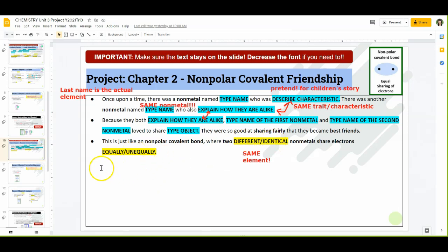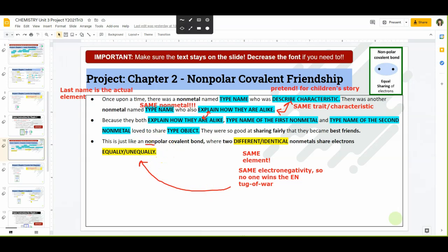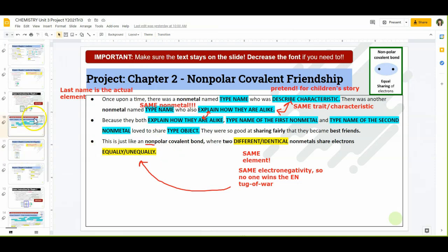And whether they share electrons equally or unequally, if they're the same element, they also have the same electronegativity, so no one wins the electronegativity tug of war. Another hint is that it says nonpolar, which means that these sides are not different. Go ahead and fill that out and then continue playing when you're ready.